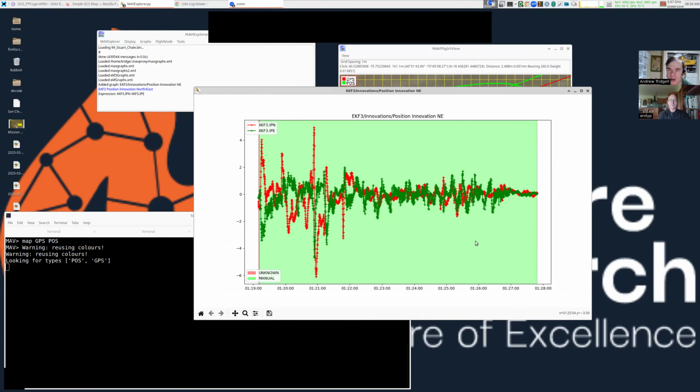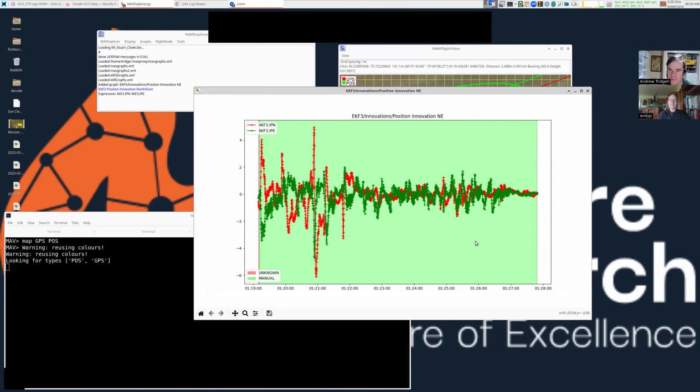So at each point in time, ArduPilot's EKF is predicting what's going to happen next, because it knows roughly the laws of physics. It knows that if you're here and you're moving in that direction, then a couple of milliseconds later, you're likely to end up there, moved a little bit in the direction that you were going. And the same with the rotations and all the accelerations.